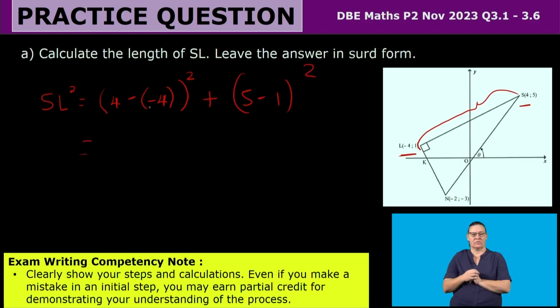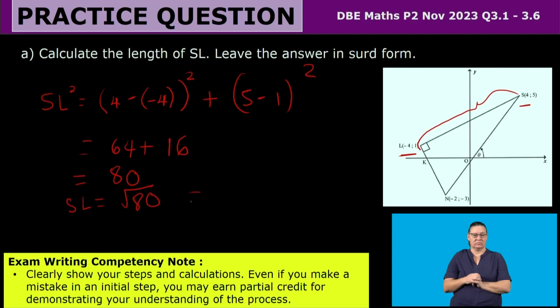So that's 4 plus 4, which is 8. 8 squared is 64, plus 5 minus 1 is 4, and 4 squared is 16. So that's 64 plus 16, which is 80. So SL squared will be 80, so therefore SL, taking the square root, will be the square root of 80.